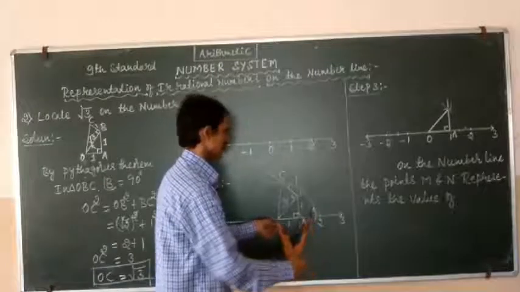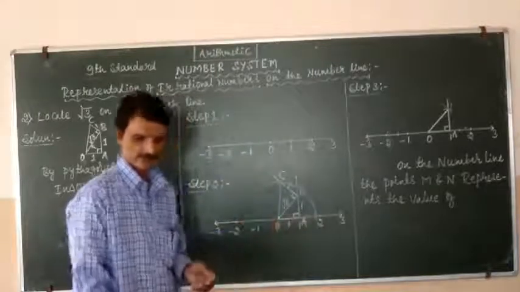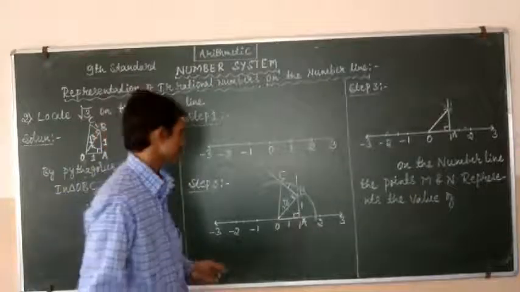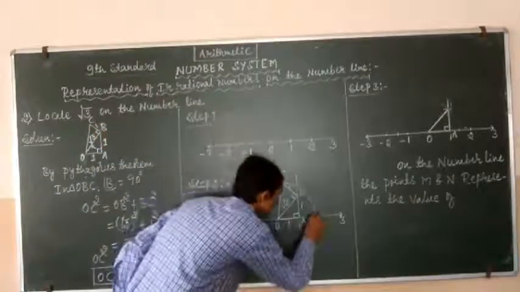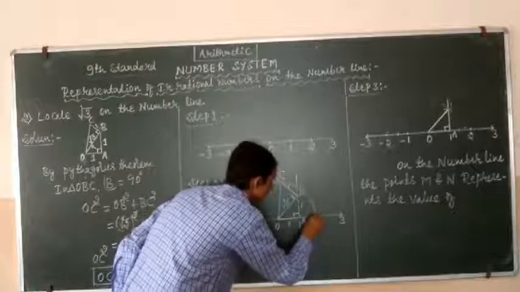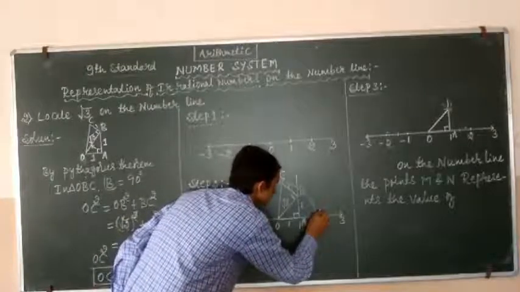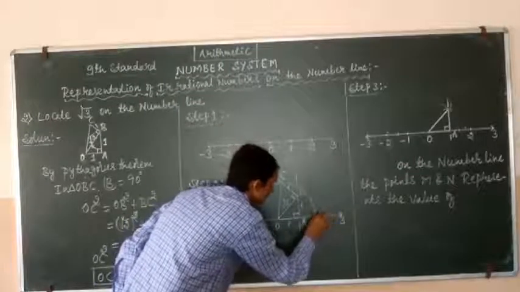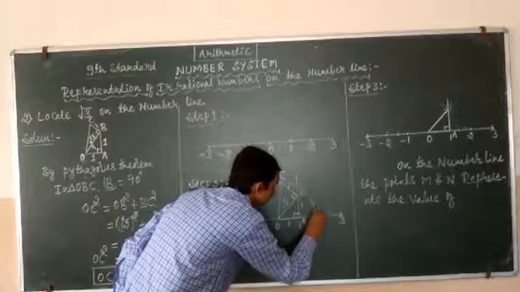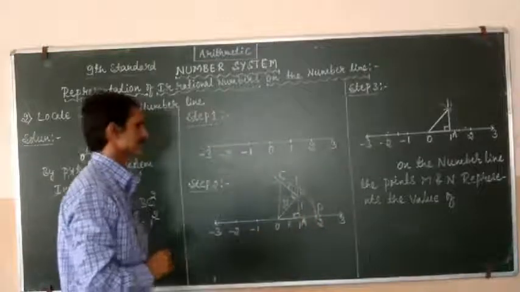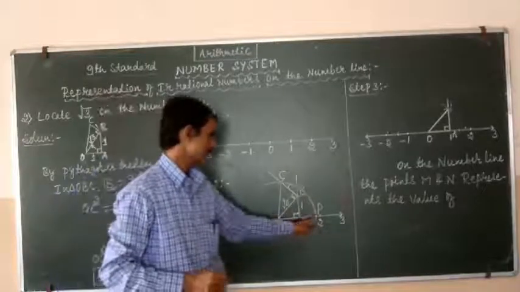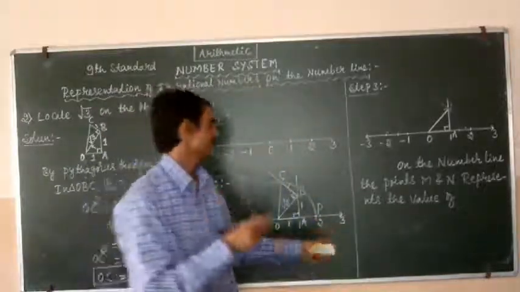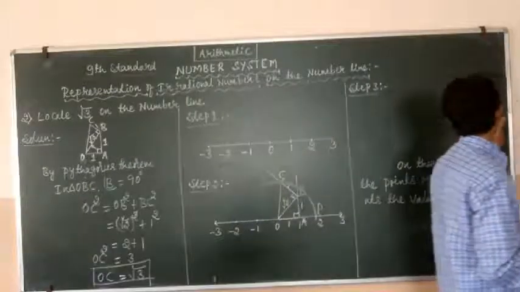Draw only to the right side because you have to represent only the positive value. The point on the number line, you can name any alphabet, call it P. So on the number line, P represents the value of root 3.